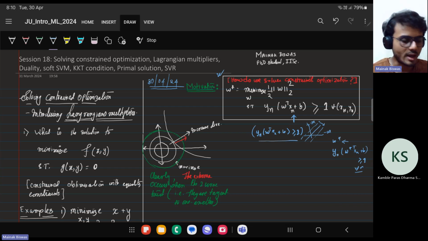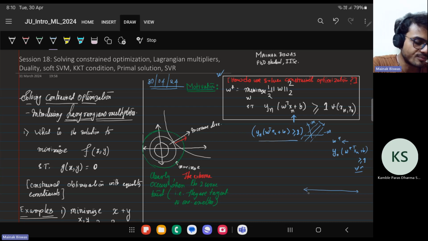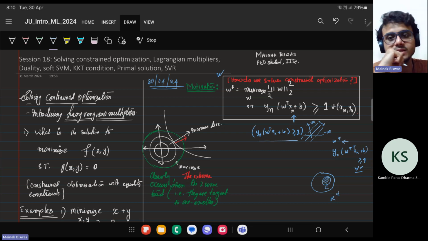This means that you are not searching over the entire R^D, whatever you were searching, but you search over a smaller set that is defined by the constraints.